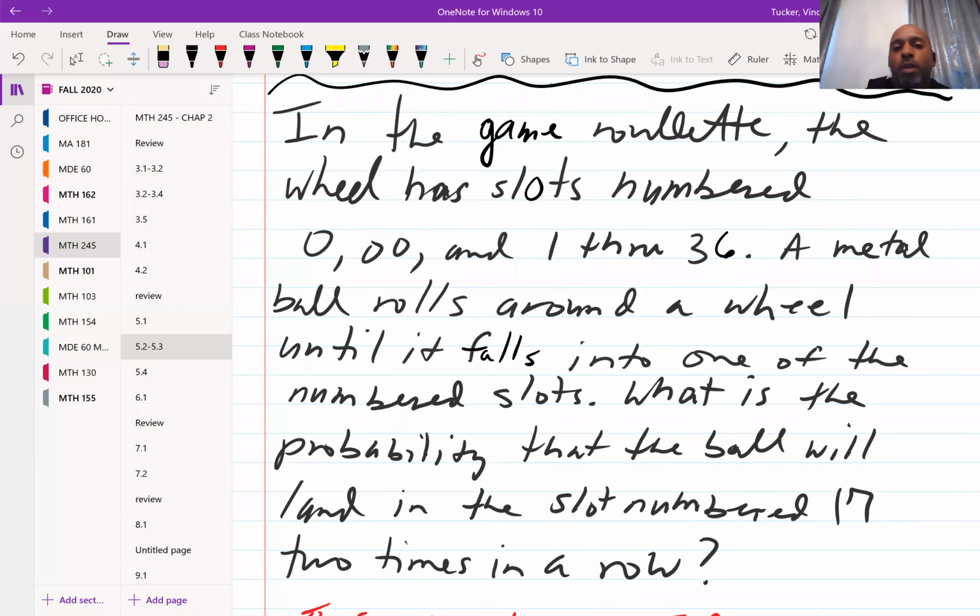So in the game roulette, the wheel has slots numbered 0, 00, and 1 through 36. A metal ball rolls around a wheel until it falls into one of the numbered slots. What is the probability that the ball will land in the slot number 17 two times in a row?